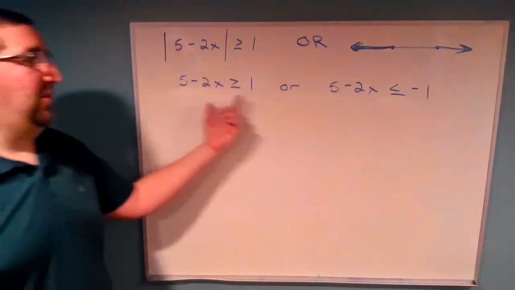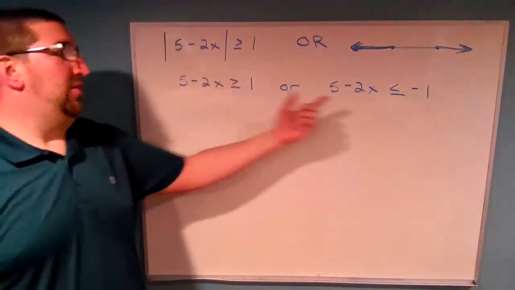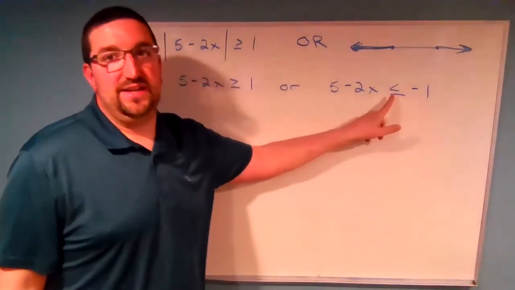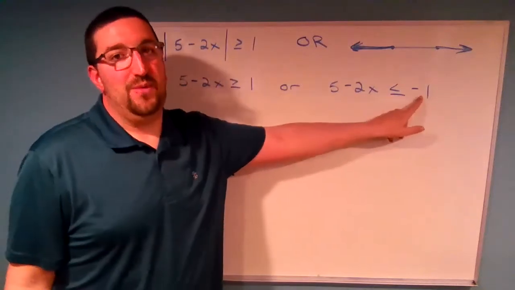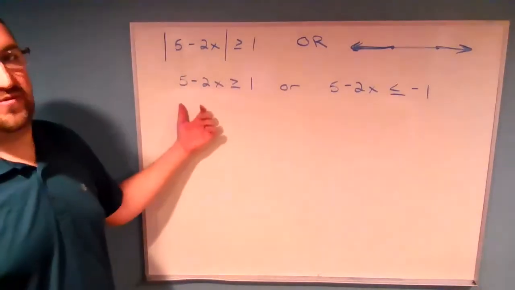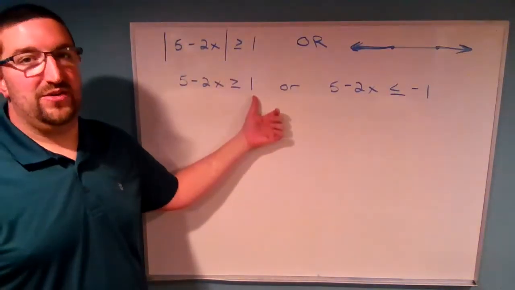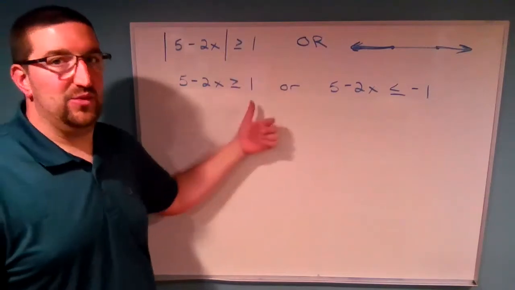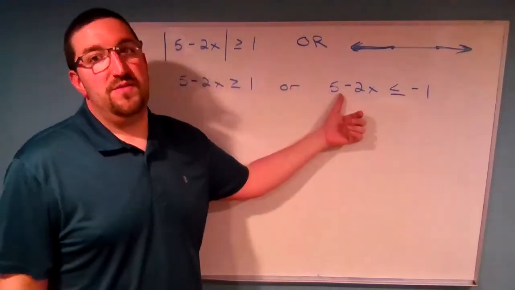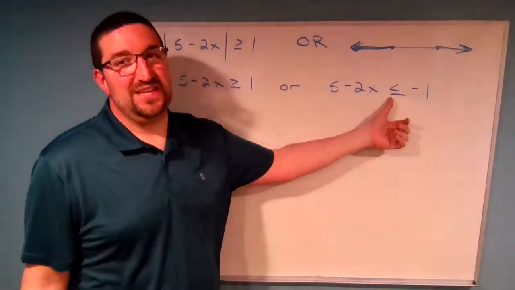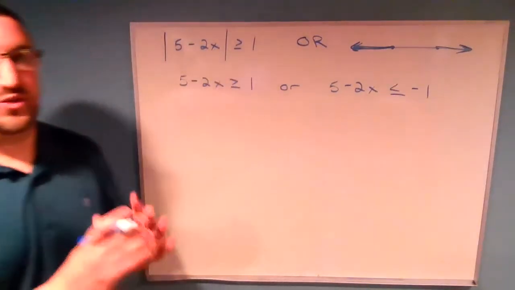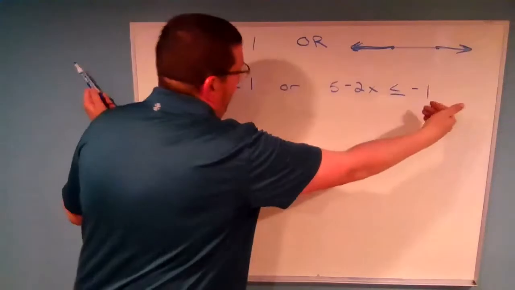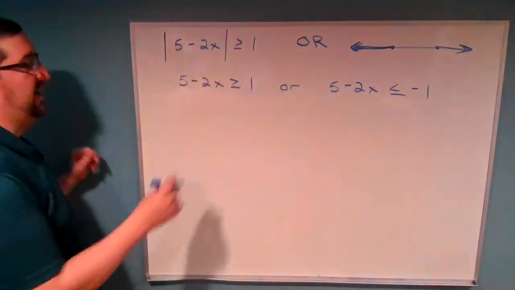So when we're creating or statements, we flip the sign and we change the sign. So we flip the inequality and we make it the opposite. So 5 minus 2x could be greater than or equal to 1. That's the same, right? Just without the absolute value. And then it says, or 5 minus 2x would be less than or equal to negative 1. So we make that an or statement. So greater than 1 or less than negative 1.